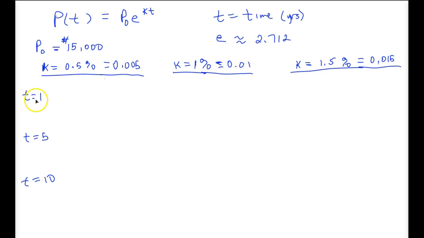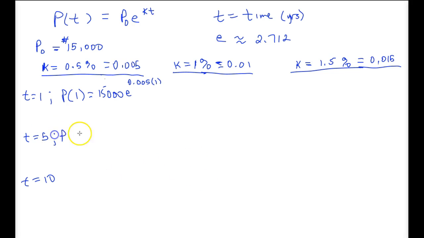If T is equal to 1, then this would be P of 1, which will equal 15,000 times E raised to the K, and K in this case is 0.005 times 1. Of course, we can put this in our calculator to figure it out, and I'll do that once I'm done doing these others.